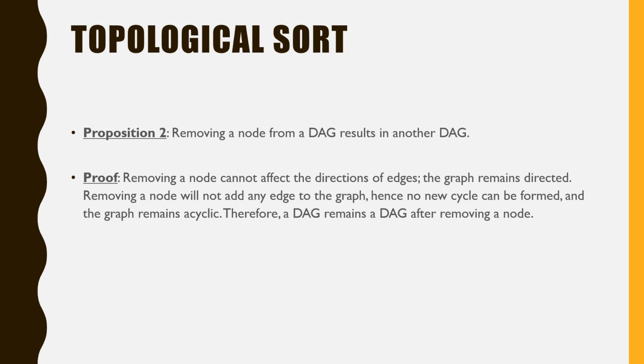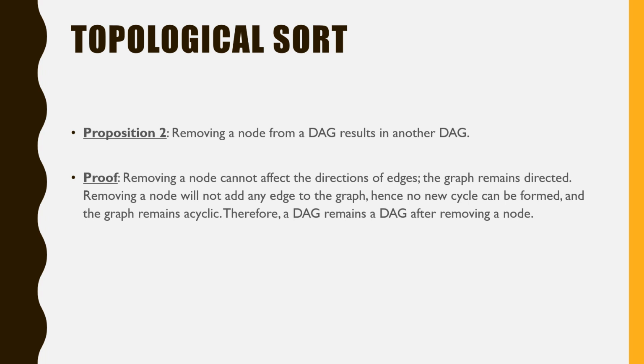Proposition 2. Removing a node from a DAG results in another DAG. To prove this, first know that removing a node does not change the direction of any existing edges. Since we are only deleting a node and its associated edges, the graph remains directed.